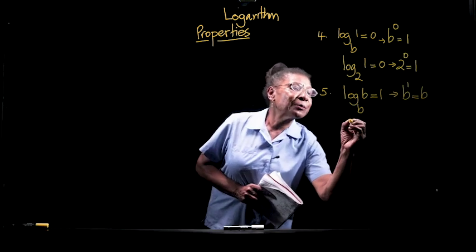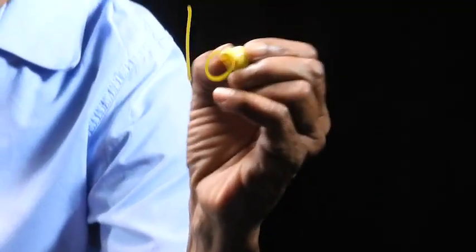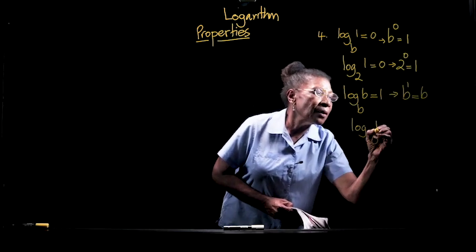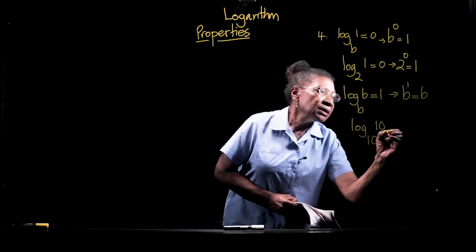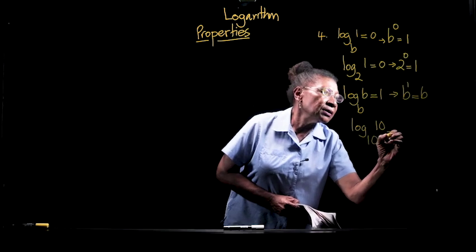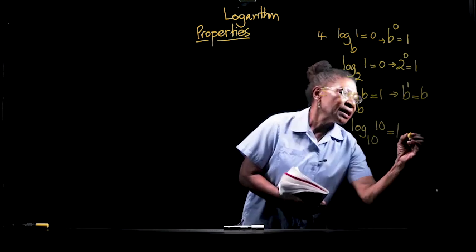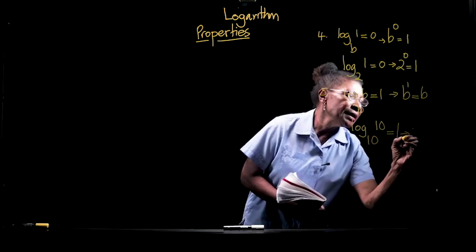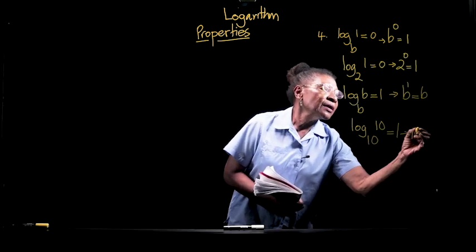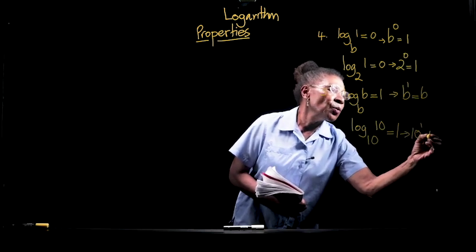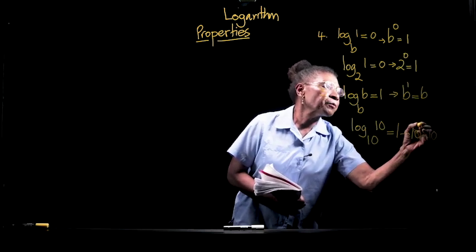Let's look at an example. If I have log base 10 of 10 is equal to 1, it simply means 10 to the power of 1 is equal to 10.